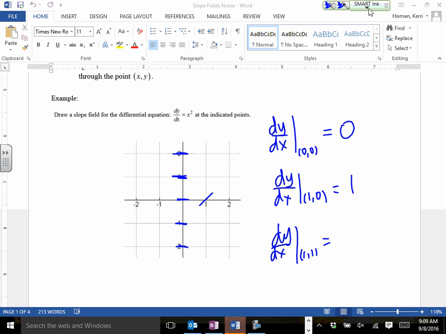What is it? 1. Okay, and I think you guys can see that anywhere x is 1, we're going to have a slope of 1. Do we have slopes of 1 anywhere else? Yes. Where? When x is -1, we're also going to have slopes of 1.